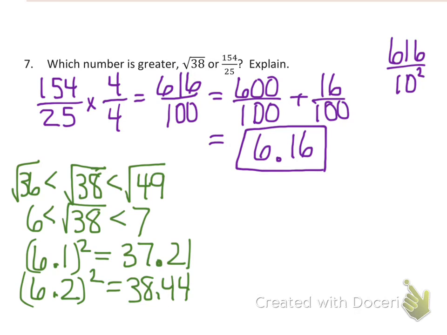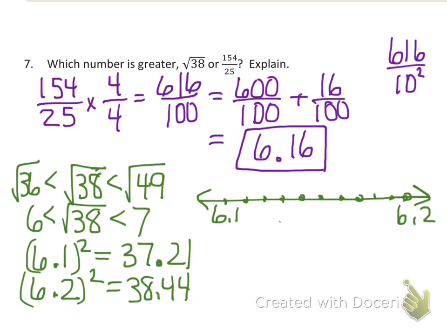If I think of my number line here, I've got 6.1 and 6.2. So I need 6.11, 6.12, 3, 4, 5, 6, 7, 8, 9.